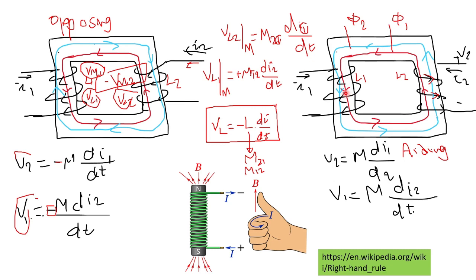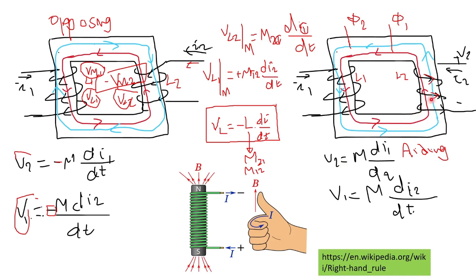So the two back EMFs generated on L1 because of I1 and I2 would have the same polarity, meaning the self-induced EMF around the terminals of L1 because of I1 would have the same polarity as the mutually induced back EMF generated around the terminals of L1 due to I2.